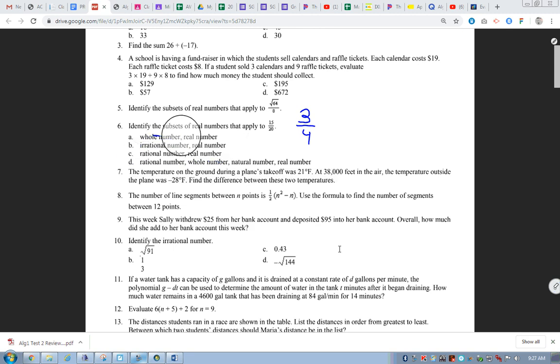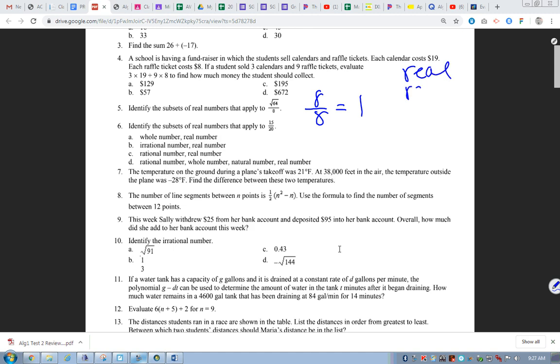Okay? Next one on the list was 5. Identify the subsets of real numbers that apply to this. Well, this still needs to be simplified. What is the square root of 64? 8. Okay? What is 8 divided by 8? 1. All right, so it is a real number, right?